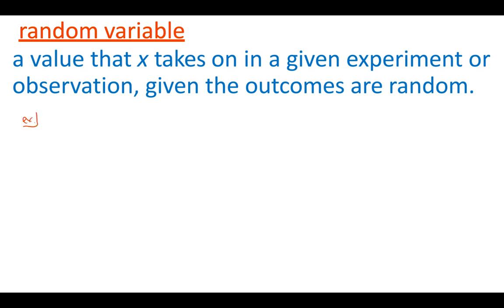Let's say our experiment is going to be to flip a coin and count the number of heads. Okay, so that's our experiment. This is a random experiment, right? You're going to flip a coin. That's a random activity. And counting the number of heads, that's what you're going to be measuring.